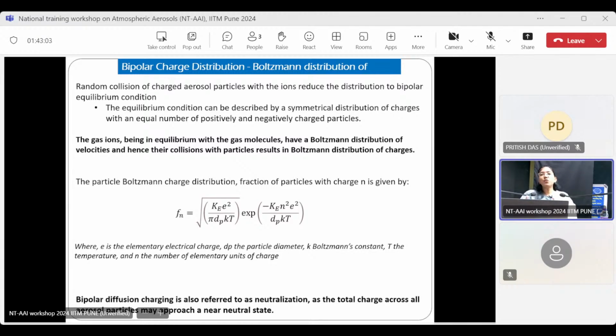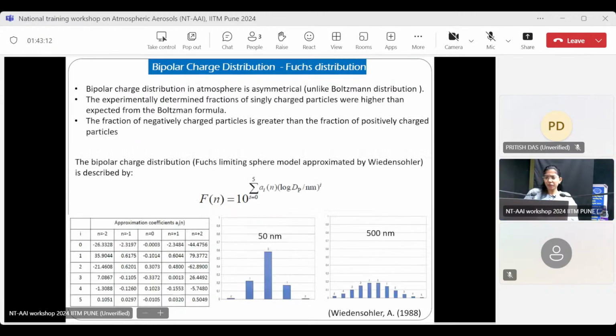Okay, so this is one theory, but it was observed that the distribution is not uniform all the time. So another theory was used, given by Fuchs and then approximated by Wiedensohler.